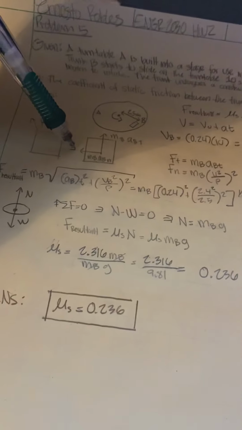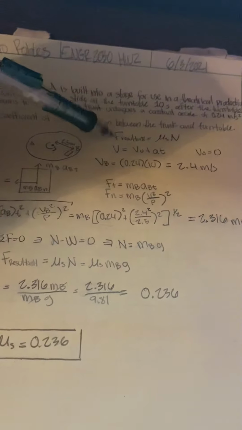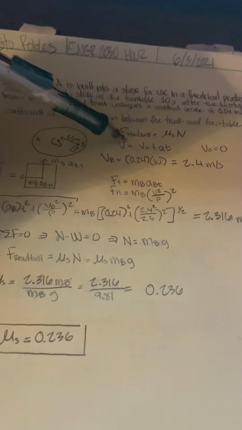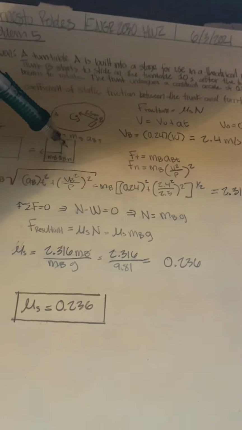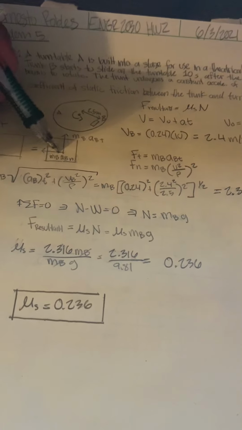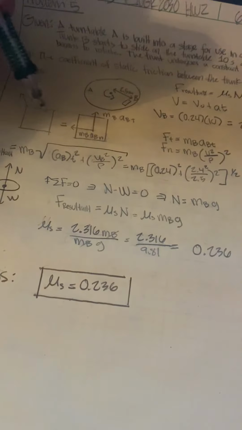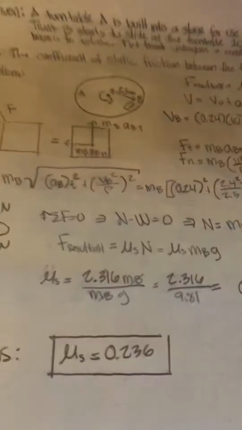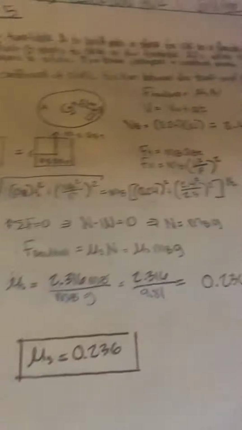So we want to figure out the resultant force. Another way we could find it is getting the forces in this direction and the forces in this direction. This is a free body diagram of a top view of the churn table.